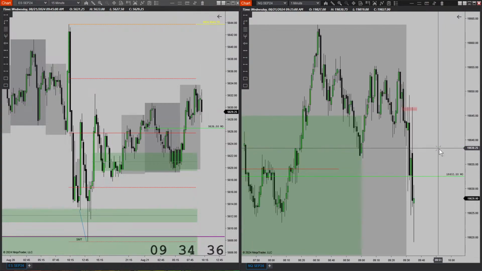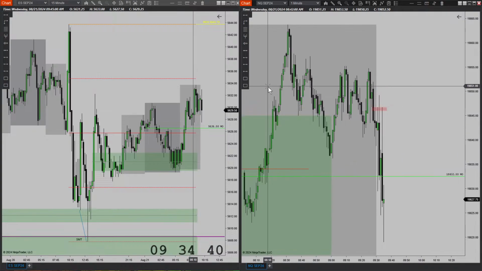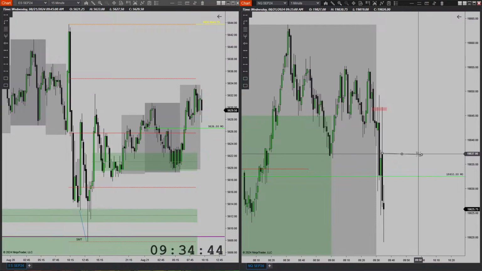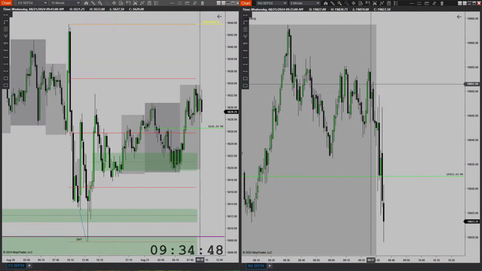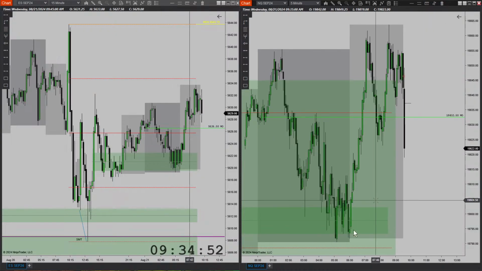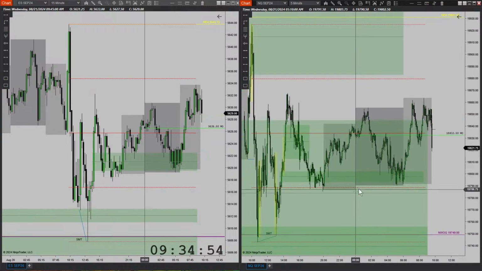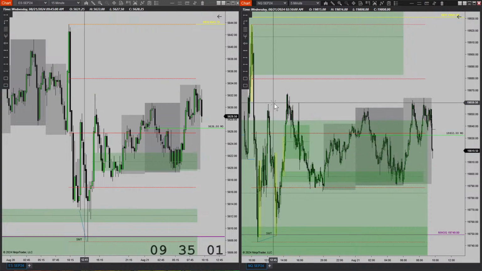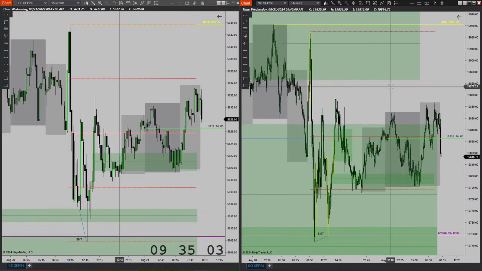So now let's look for an entry. Well, not necessarily look for an entry. I'm just identifying. Again, I would like to see these lows get swept. Relative equal highs, relative equal highs.